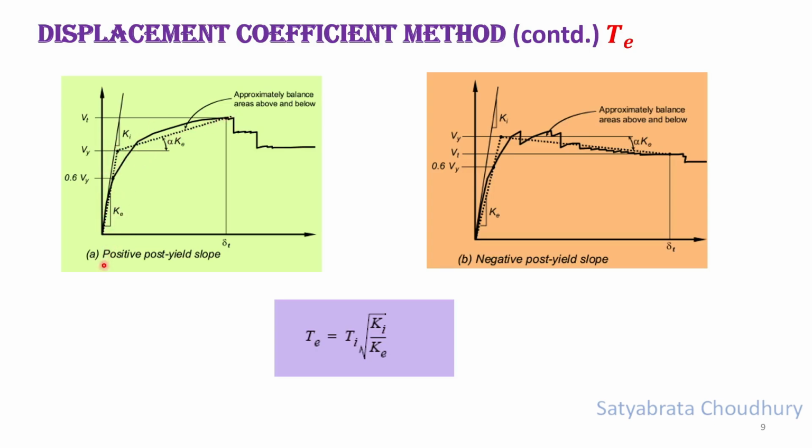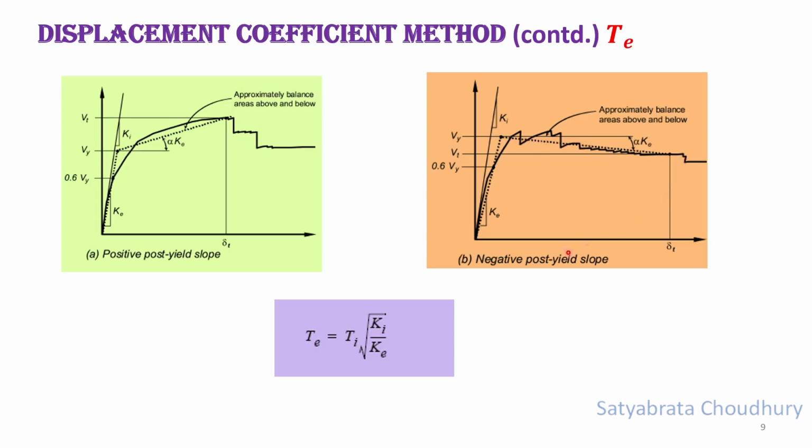Now this is the case when the post-yield slope is positive, that is, it is increasing gradually. The capacity curve is increasing, so all the stiffnesses will be positive. But in certain cases a pinched capacity curve can be obtained where it is falling gradually.